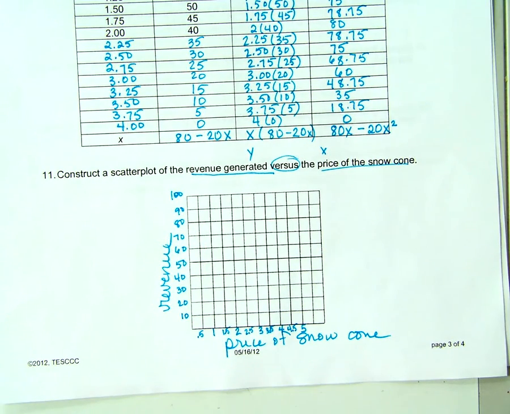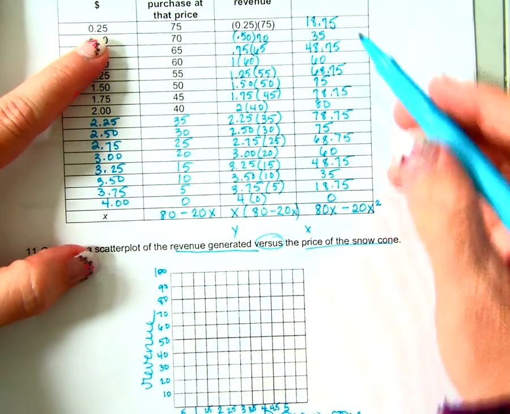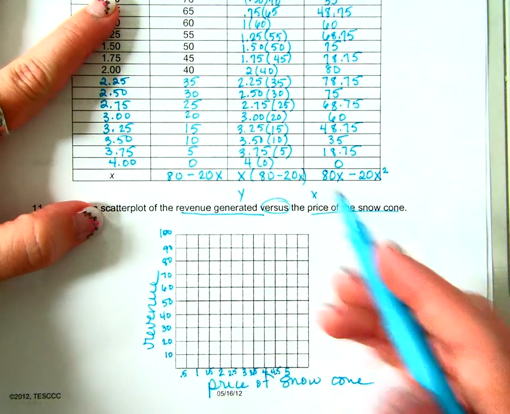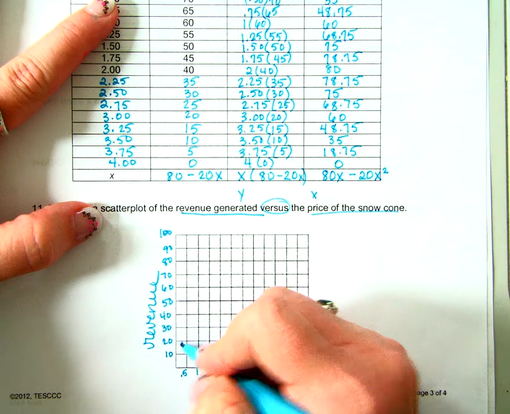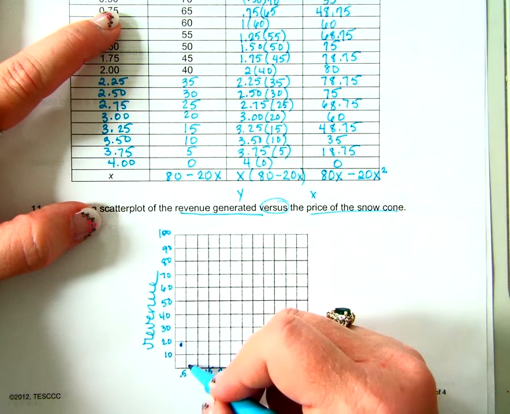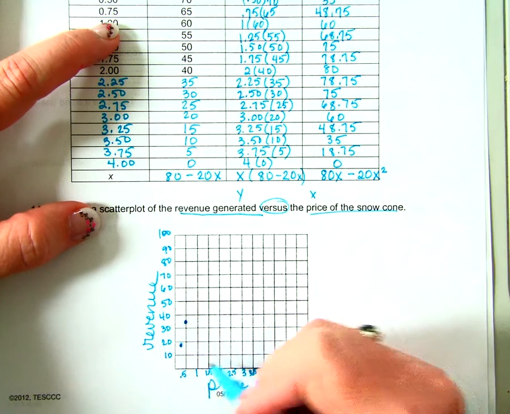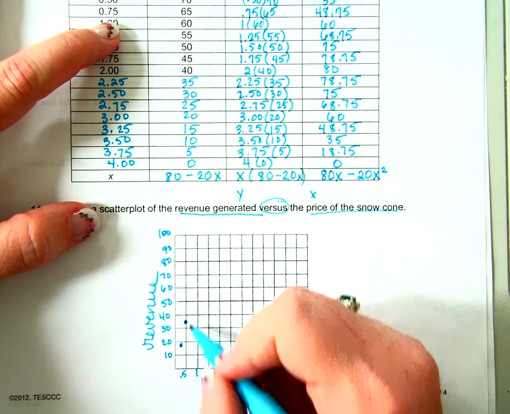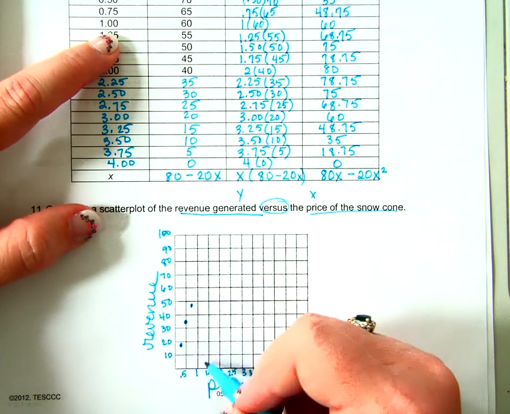So now we just need to plot our information. Okay? 0.25 goes to 18.75. 0.25, 18.75. Is that close? Okay. 0.5 is 35. 0.75 is 48, so almost 50. 1 is 60.